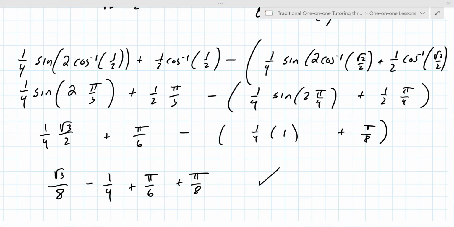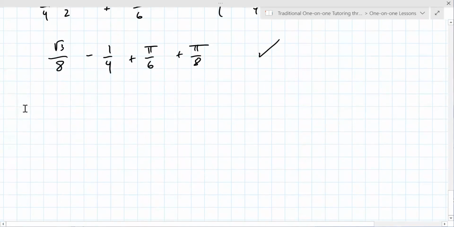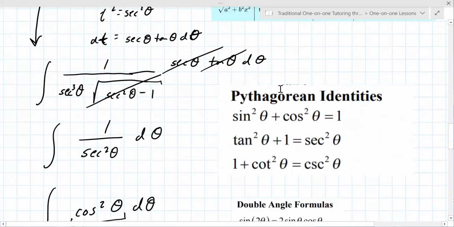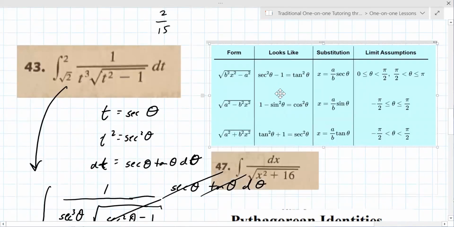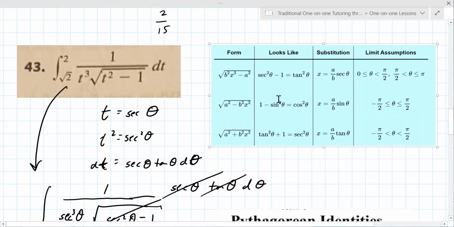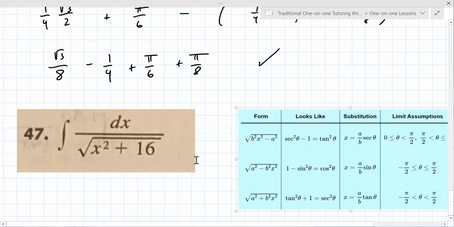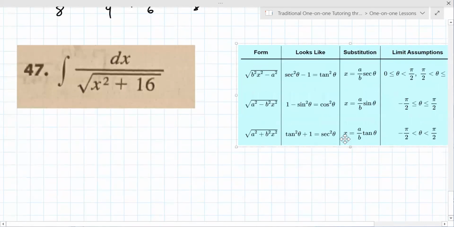Okay, so when you look at this, it's x squared plus 16. So the ones that you were showing me are not going to work as well as these ones here, because this one's got the full forms on there. So on yours, you're looking for a plus, so that's a tangent.